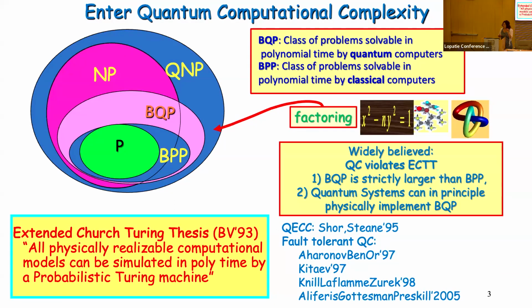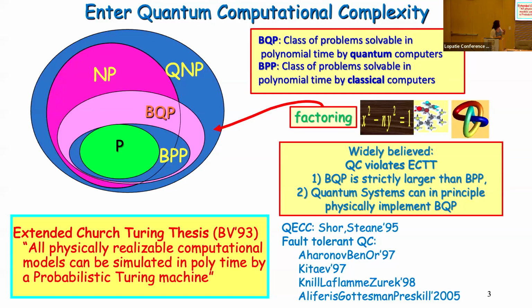One is a mathematical conjecture that BQP, bounded-error quantum polynomial time, the class of problems that theoretically can be solved in polynomial time by the model of quantum computers, is strictly larger than BPP, bounded-error probabilistic polynomial time, the classically tractable computations. So this is a mathematical conjecture, and I think it's very safe to say that it is extremely widely believed.